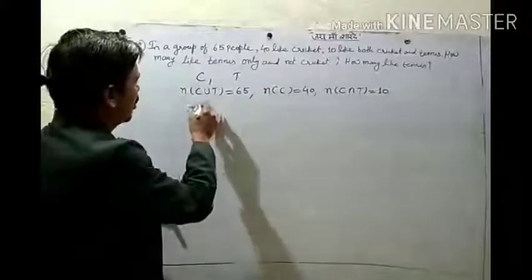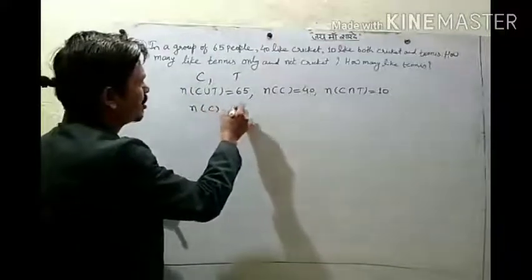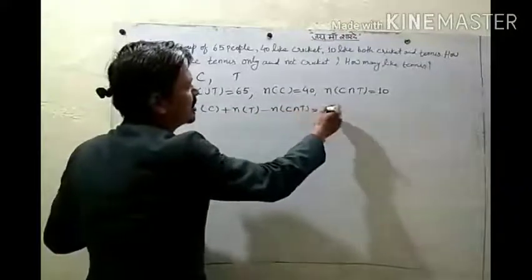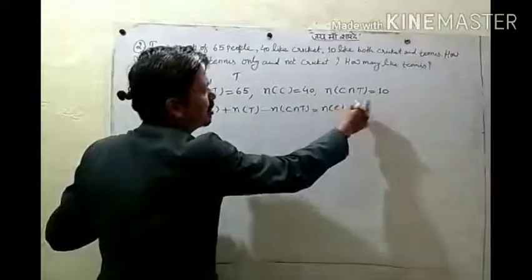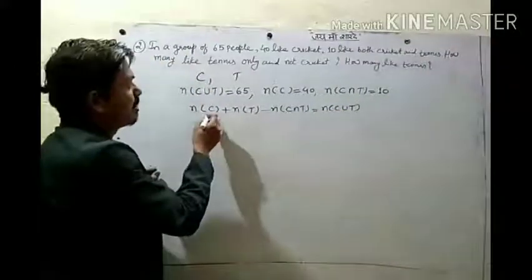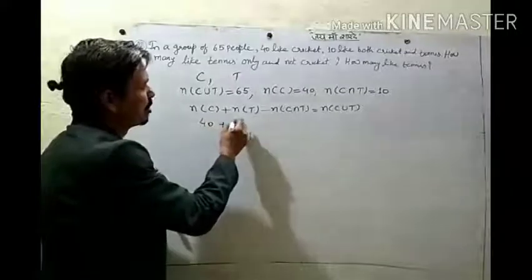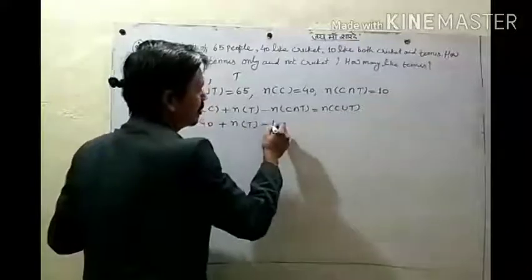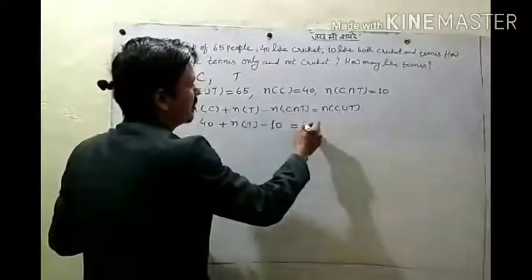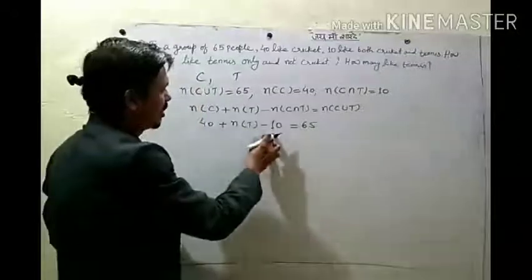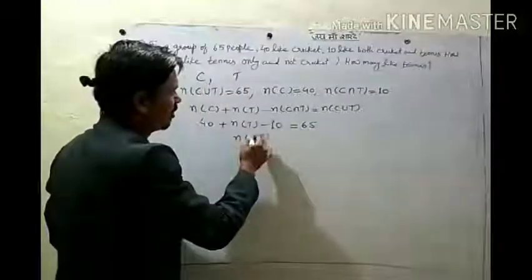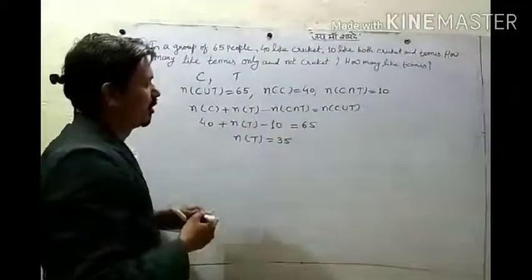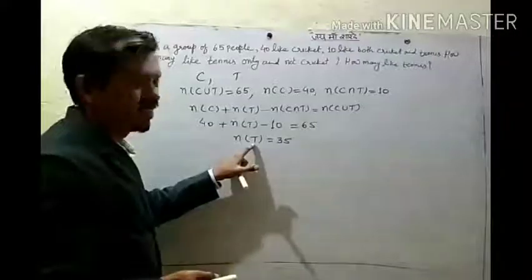So by the formula, n of C plus n of T minus n of C intersection T is equal to n of C union T. Number of elements in C, we have 40. This we don't know. Elements in common, 10, and here we have 65. So 40 minus 10 is 30, and 30 will come here. Then n of T will be 35, right, 65 minus 30, 35. So there are 35 who like tennis.